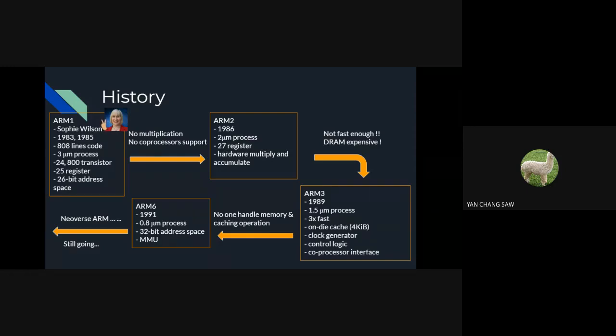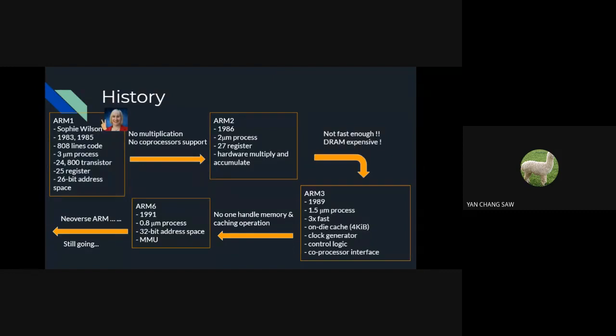The ARM3 was fabricated in 1989, implemented on a 1.5 micrometer CMOS process, much smaller than the previous one. ARM3 achieved 3 times the performance with the help of an integrated cache, integrated clock generator, integrated control logic, and integrated core processor interface.